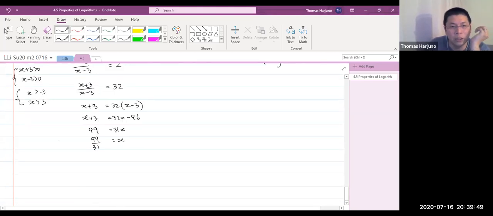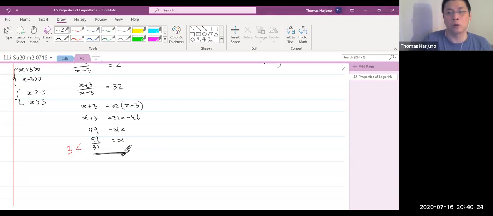This is 93 plus 6 over 31, so that's 3 and 6 over 31. That's greater than 3. Okay, I was supposed to use red color there. So we are checked. That's the answer. That makes all the arguments positive.